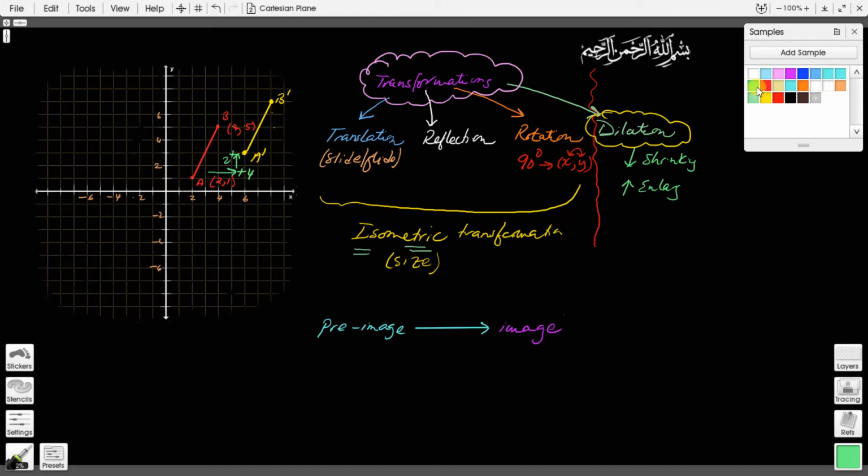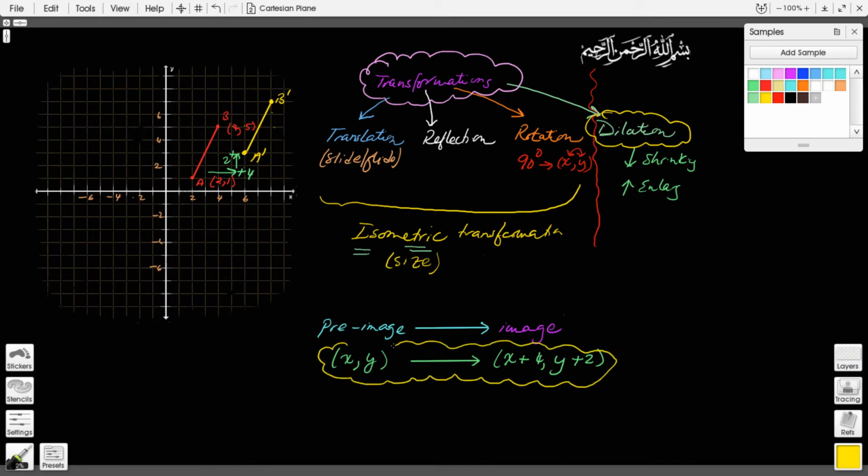Now you can write that as a rule. If the pre-image, for example, was (x, y), how do you get the image from this? Well, the way we got this image is I added 4 units to the x value, and I added 2 units to the y value. So this is a rule that you can use to express the transformation that you did.